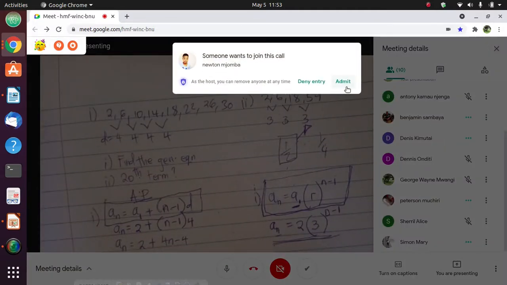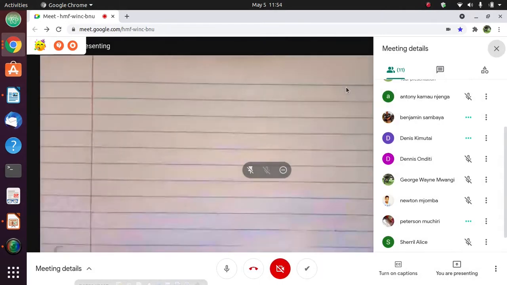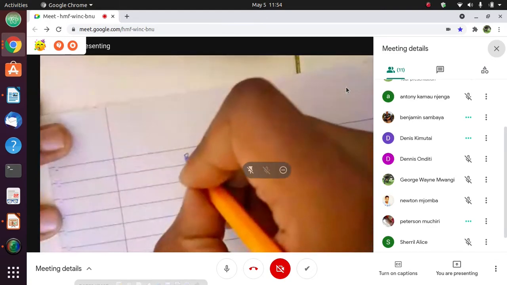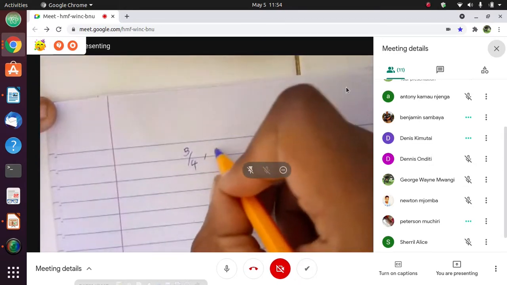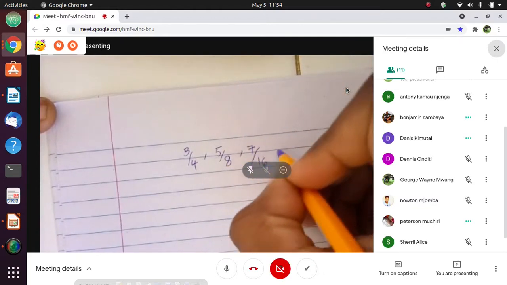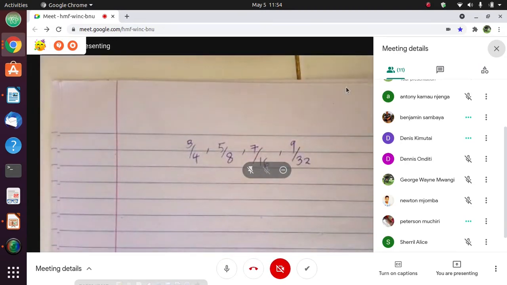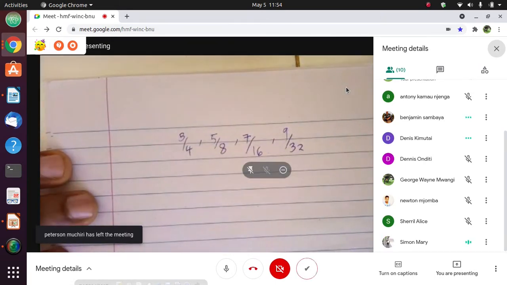Sawa. Yes. Now, for example, if you are given a sequence that is a fraction, fractional in nature, the same rules still apply.